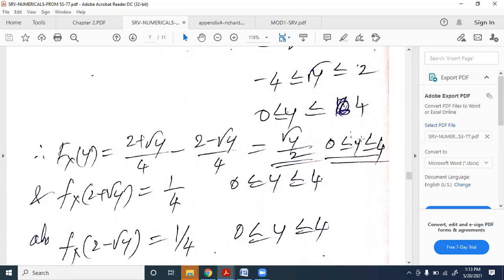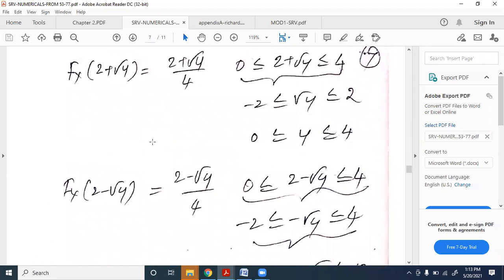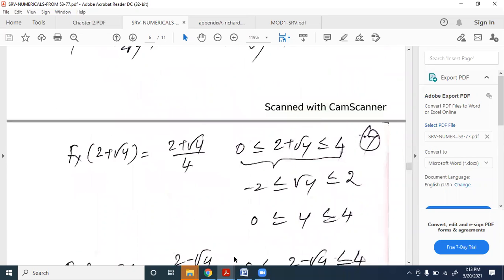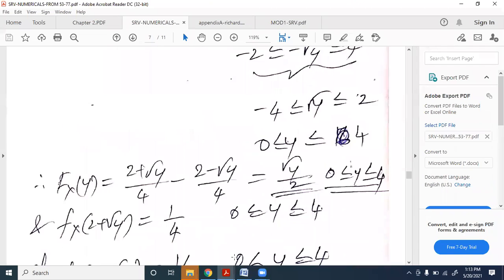So overall, the range of this y and the range of that y will be the same, and we have to write f_Y(y). In the earlier expression, f_X(y) will be this quantity over here, and we need to write this as well as this. So if you write this, you will get (2 + √y)/4 minus (2 − √y)/4. That will be √y/2.